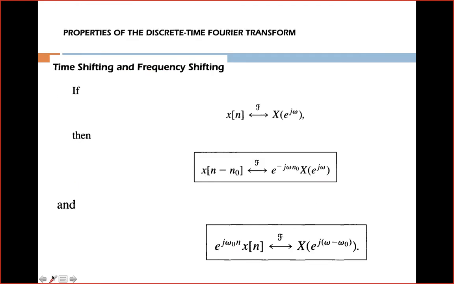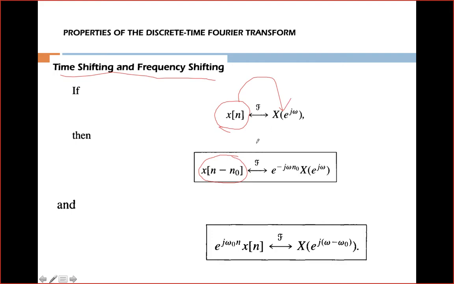Next property is time shifting and frequency shifting. So we are going to study what will happen to the DTFT when you introduce a small delay or shift in the input signal. For that, first consider x of n, whose DTFT is X of e power j omega.